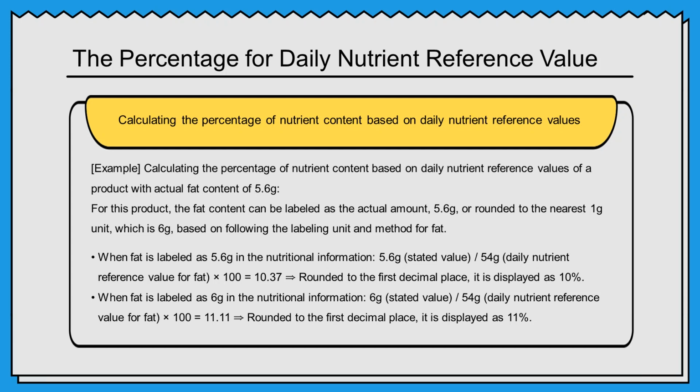If the nutritional information displays fat as 5.6 grams, you divide this value by the daily nutrient reference value of 54 grams for fat and multiply by 100. This yields a value of 10.37, which can be rounded to 10% for display. If the nutritional information displays fat as 6 grams, the same calculation results in a value of 11.11, rounded to 11% for display.